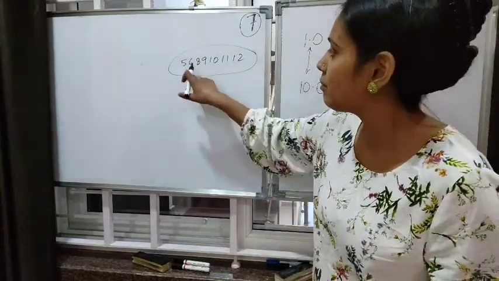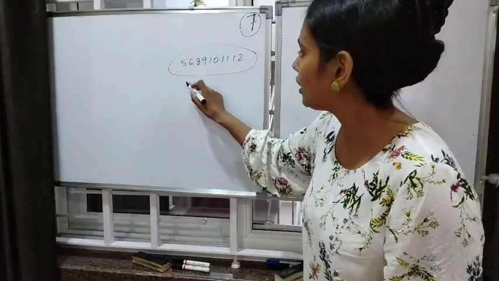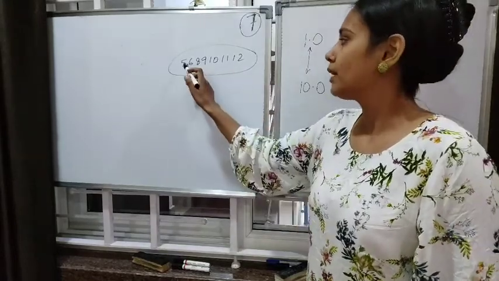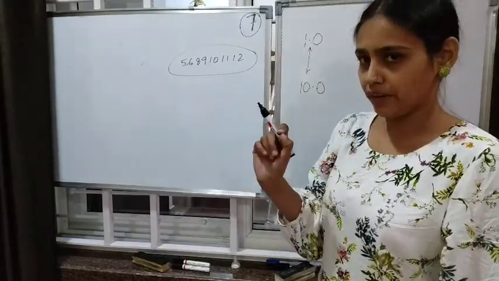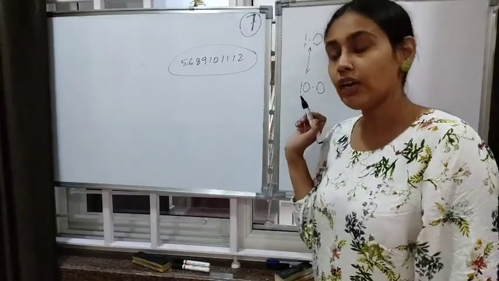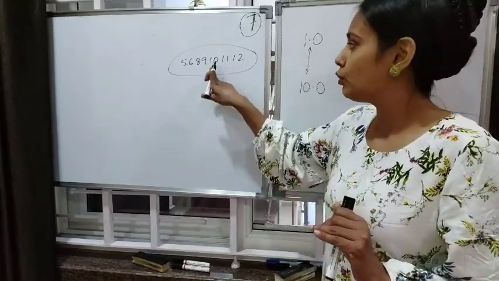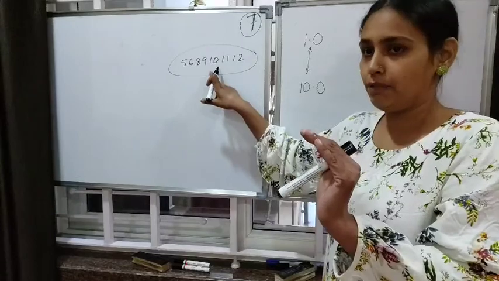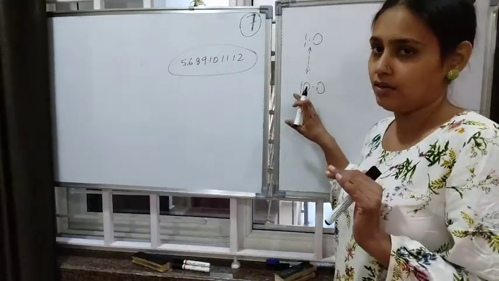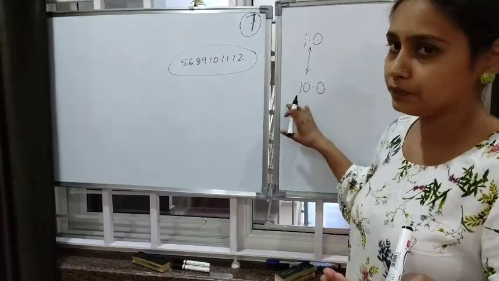How can you bring this number in between 1.0 and 10.0? If you put a decimal here, then this number will become 5 point something. The whole number is 5 and 5 lies in between 1 and 10. So what is a standard form? Standard form means to bring any big number in between 1 and 10.